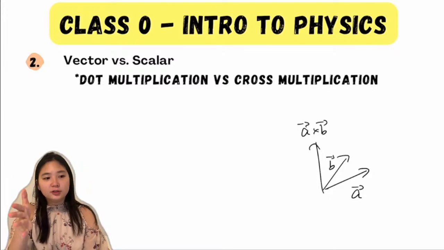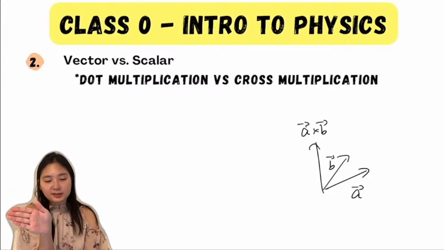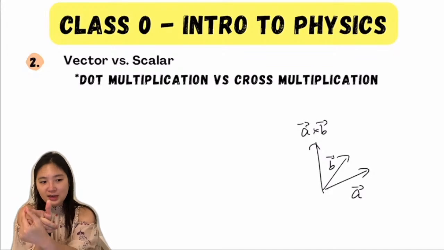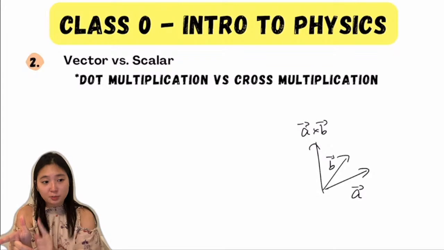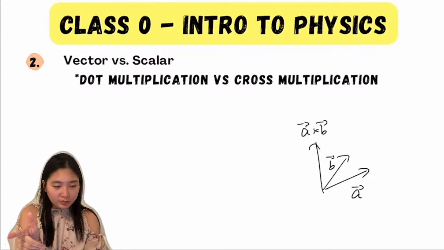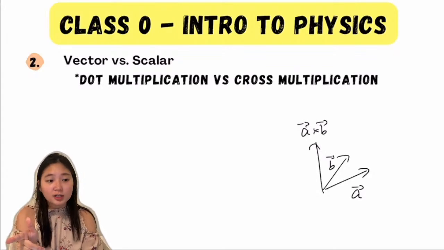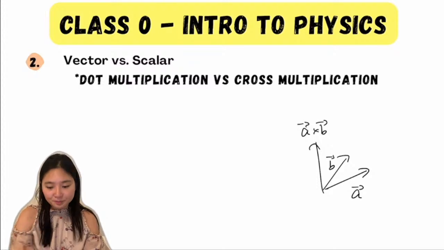Using my right hand, this is the direction of the vector A, and this is the direction of the vector B. Where my thumb is pointing, which is upward, is the direction of A cross B. We read it as A cross B.